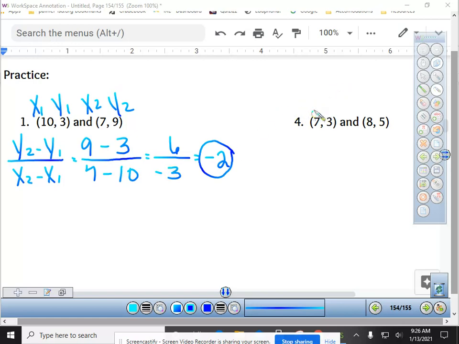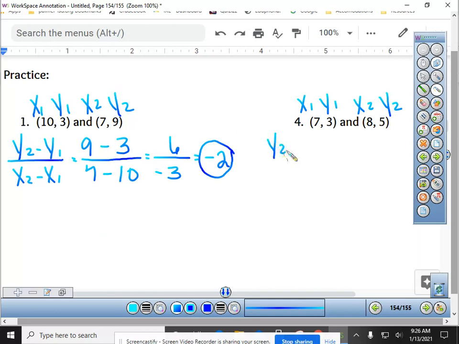Let's look at number 4 since it's up here, the one next to it. Label. X1, Y1. X2, Y2. Label it. Everybody do it. Write the formula. Y2 minus Y1 divided by X2 minus X1.